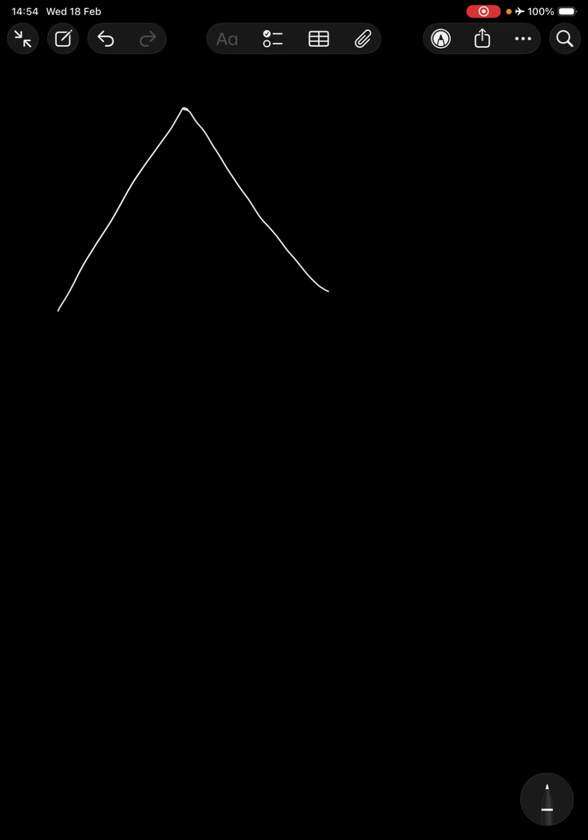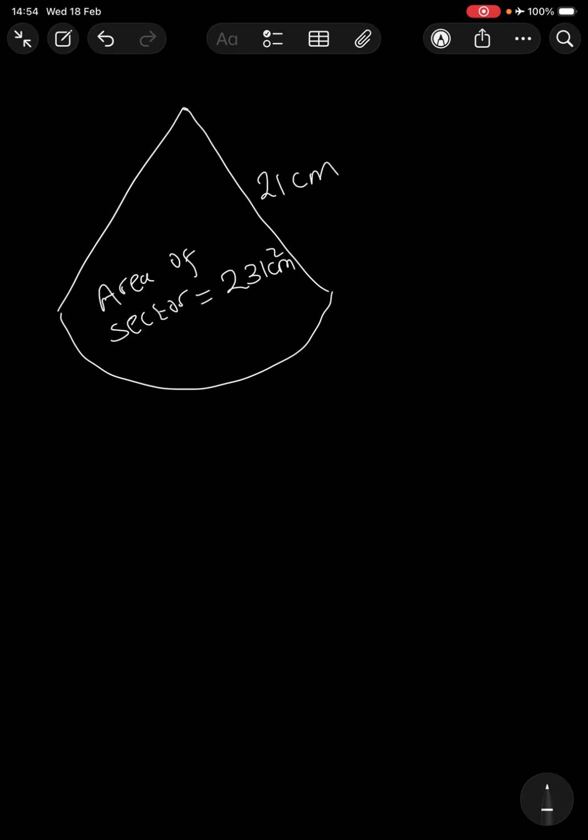Example 2, we are given the area of this sector. The area of this sector is 231 centimeters squared, and the radius is 21 centimeters. Now the question is, find the angle. So step 1, write the formula.